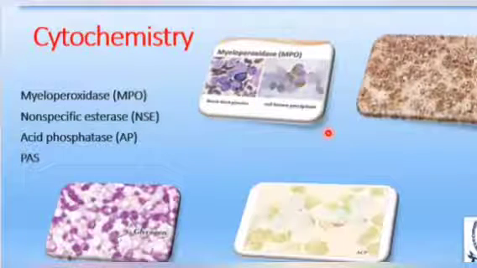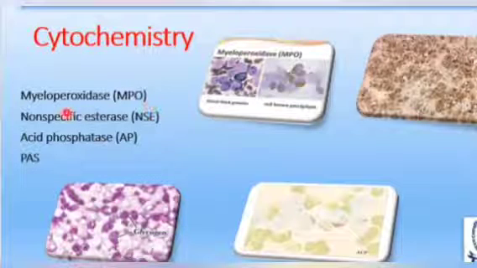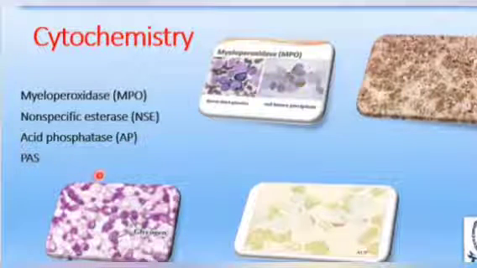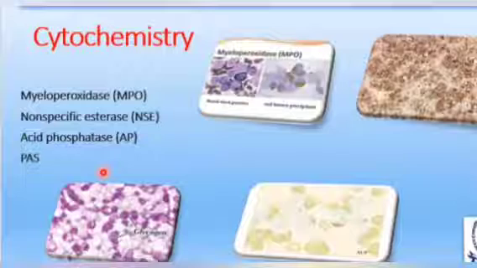And then we have cytochemistry. In cytochemistry, we are performing myeloperoxidase, non-specific esterases, acid phosphatase, and periodic acid Schiff base. In case of leukemias, further cytochemical stains may be required to differentiate between various FAB types of leukemias.